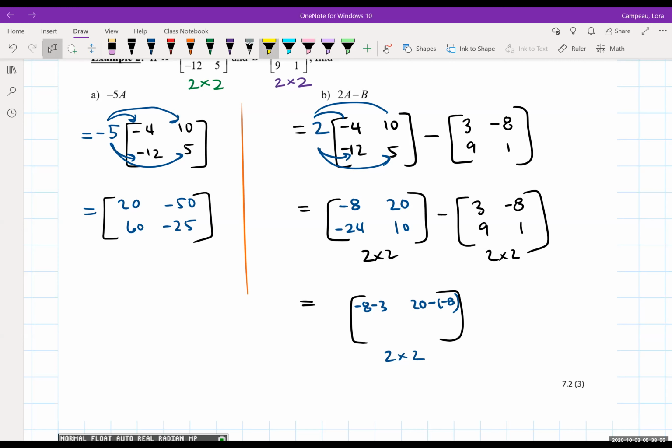So I'll just do the highlighting to emphasize this so that you see where I'm going. 20 and the 8. We are going to look at -24 minus 9. And you guessed it, we have 10 minus 1.